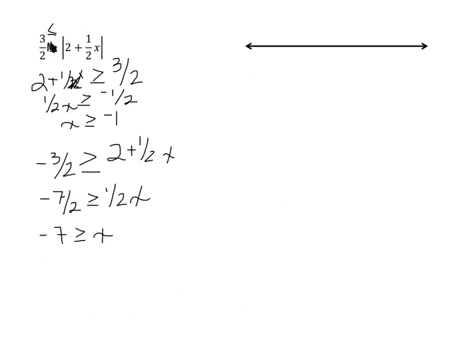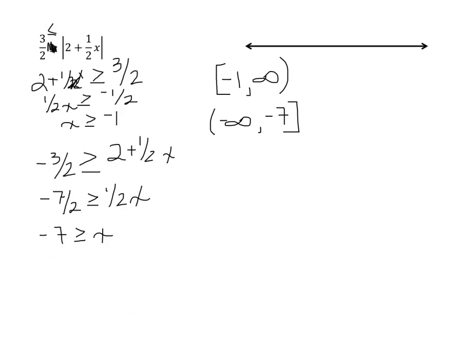To write this in interval notation, we think about the fact that x is greater than or equal to -1. So that means it goes from -1 to infinity, and because we include the -1, we put this bracket, and then the curved bracket on infinity. Because x is less than or equal to -7, we would say that we go from -infinity to -7.